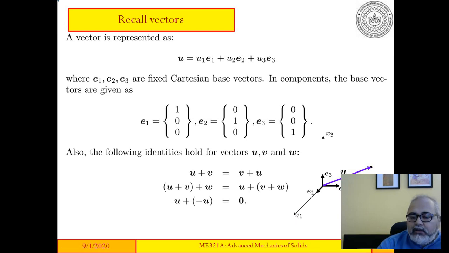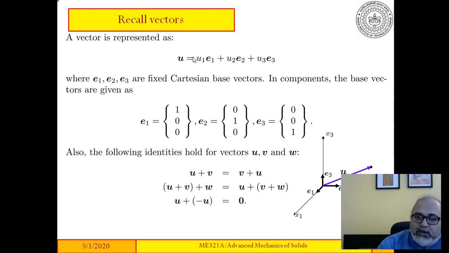It's a right-handed coordinate system, x1, x2, x3, and instead of calling the base vectors i, j, k, we are going to call them e1, e2, and e3. These are fixed vectors, and they are not changing with time. Their components are 1, 0, 0, 0, 1, 0, and 0, 0, 1, as you know. Then any vector u can be represented in terms of its components u1, u2, u3 as u1 e1 plus u2 e2 plus u3 e3. You know this.